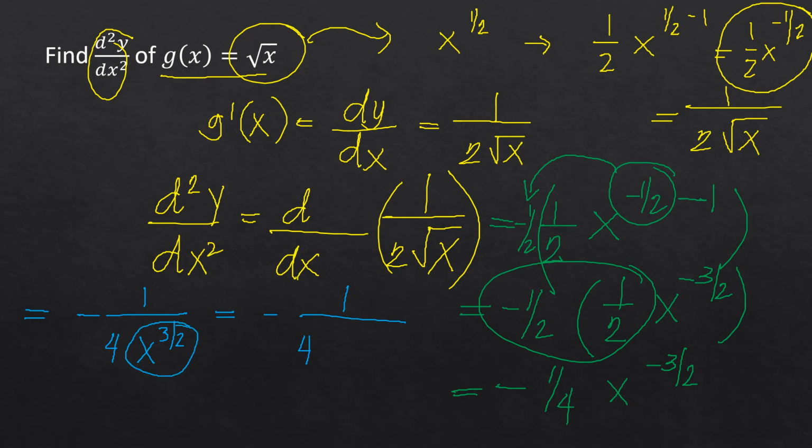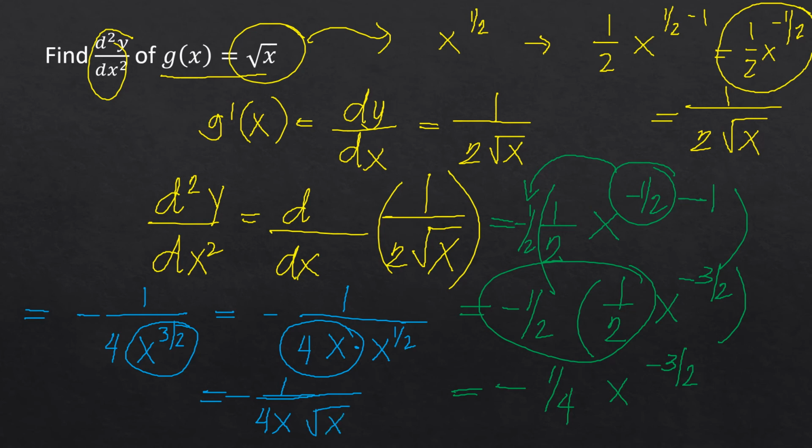Pwede kasi ito mag-breakdown ng x raised to 3 over 2 into x times x raised to 1 half. Kasi 1 plus 1 half is 3 over 2. So, mangyayari dyan, ito magsasama. So, we have negative 1 over 4x. At ang x raised to 1 half ay magiging square root of x.